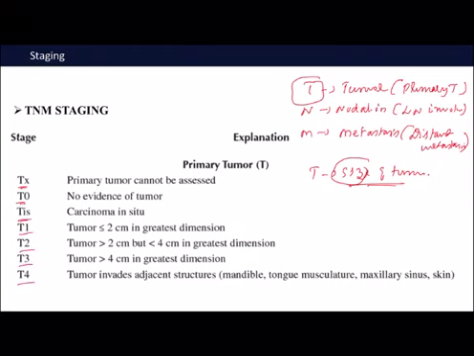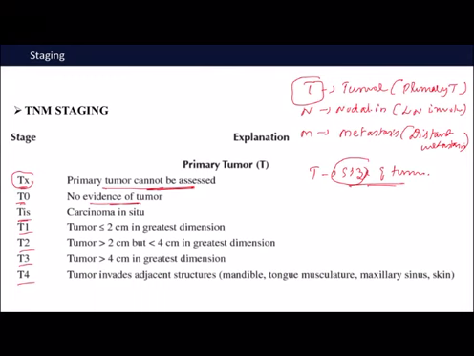Now here Tx stands for primary tumor which cannot be assessed. Cannot be assessed means neither clinically nor radiographically, right? And T0, there is no evidence of tumor as of now. It means that evidence has not yet been finalized, but yes, there are chances that it is still in the phase of developing into cancer, or it could be in the phase of pre-malignant lesions and conditions only, right?